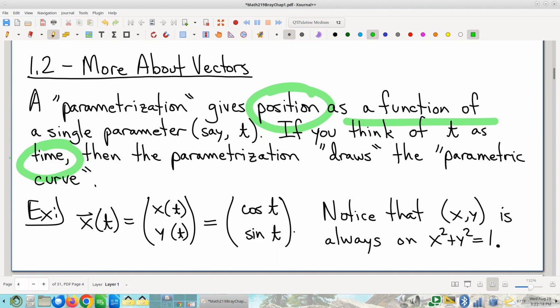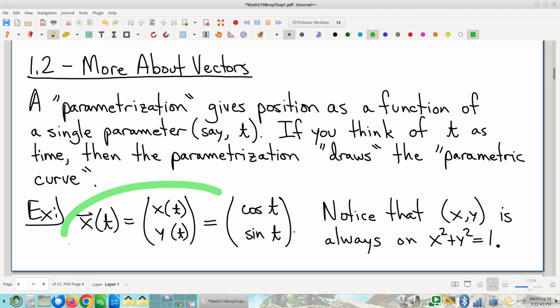That is a parameterization. A parameterization effectively is the act of drawing a curve. Does that make sense to everybody? When you draw a curve, your pencil is at a particular position that depends on time as you do the drawing. Okay, all right, so let's see some examples.